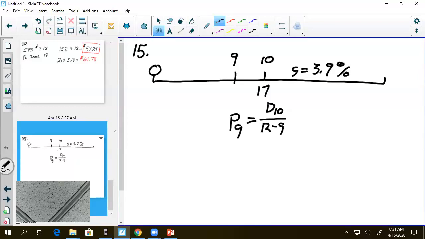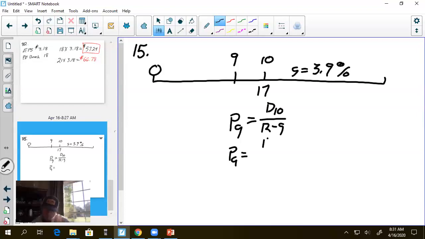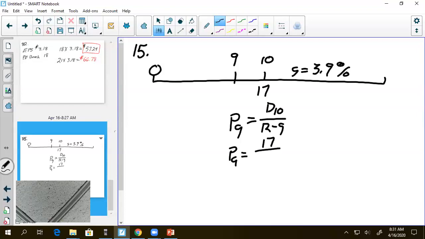So we have all that, so we can calculate the price in year 9. Dividend 17. Oops, I didn't put in the 12.5% required rate of return there, right? So we have 12.5 minus 0.039.